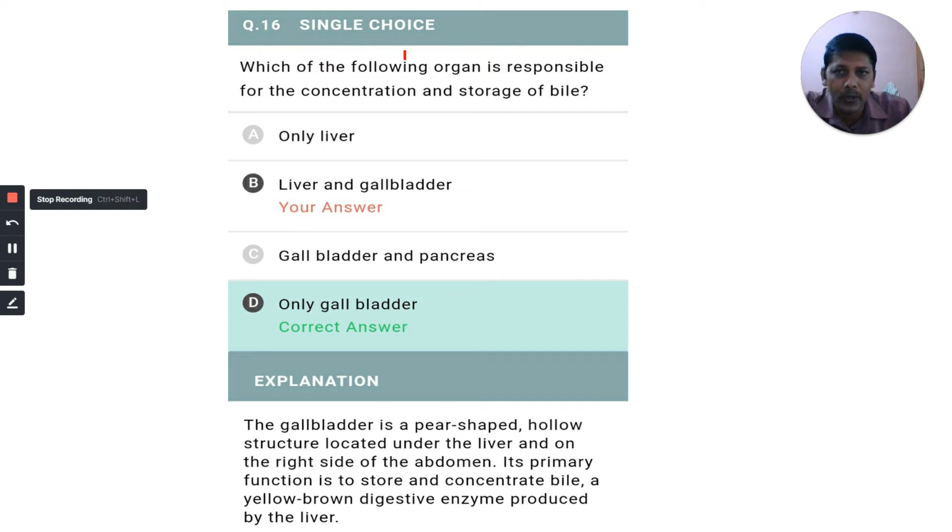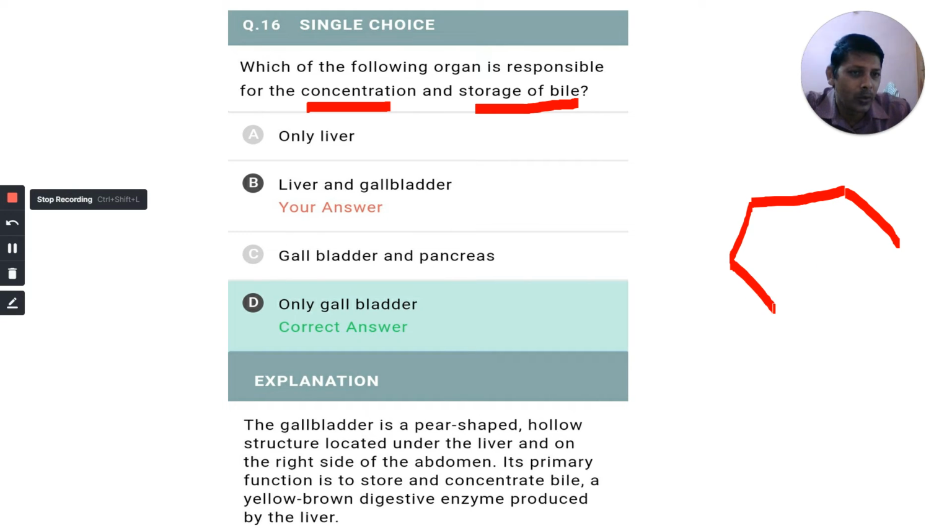The next one: which of the following organs is responsible for the concentration and storage of bile? Bile is formed by the hepatocytes. There are hexagonal hepatic lobules.